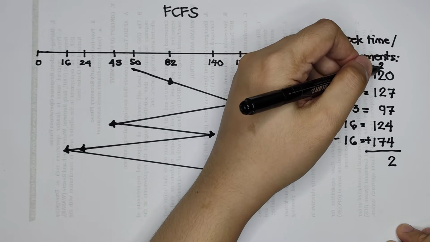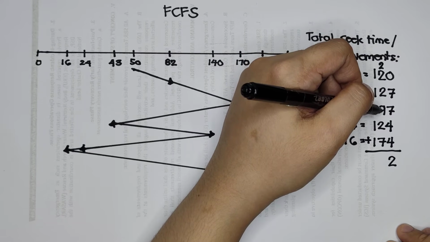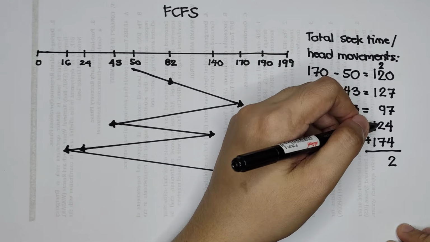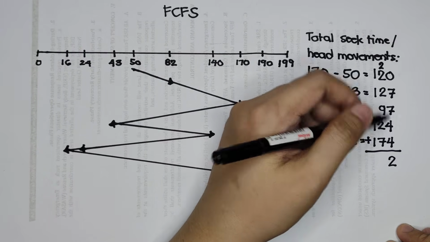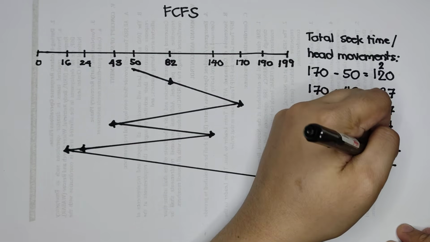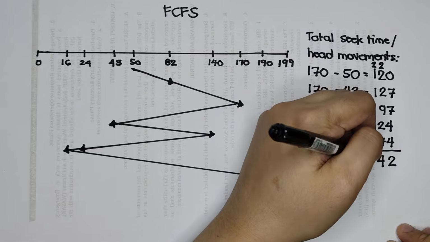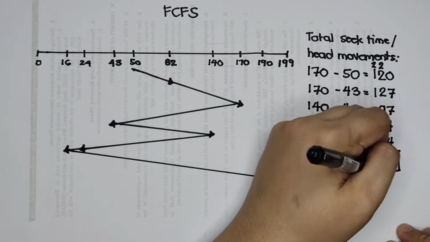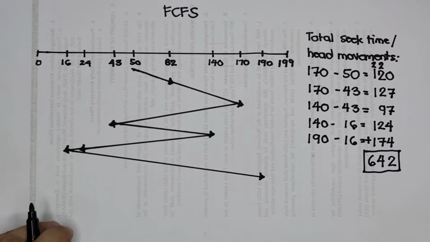Then 6 plus 9 is 15, plus 2 is 17, plus 7 is 24. So 4, carry 2. So we have 642 total seek time or head movements for first come, first serve.